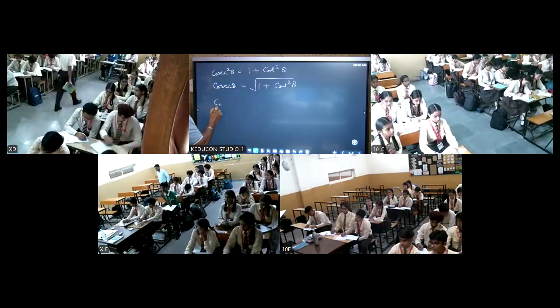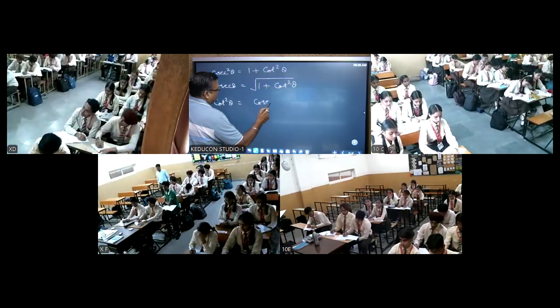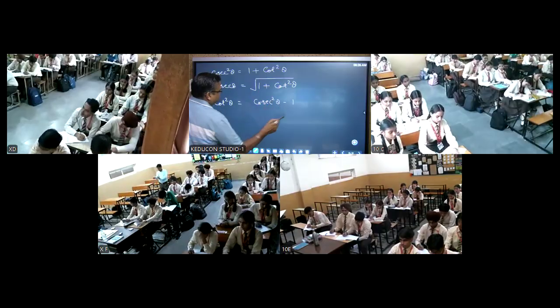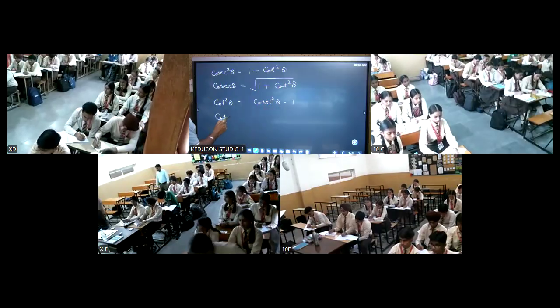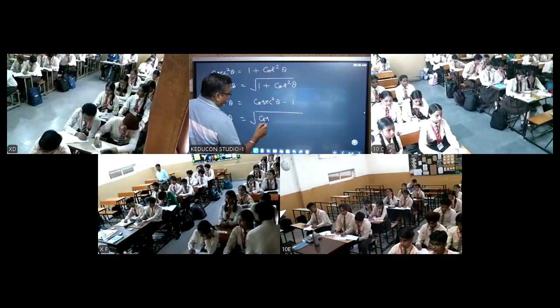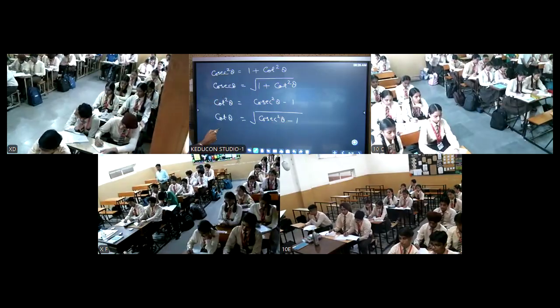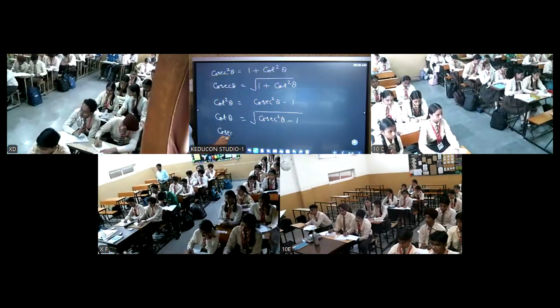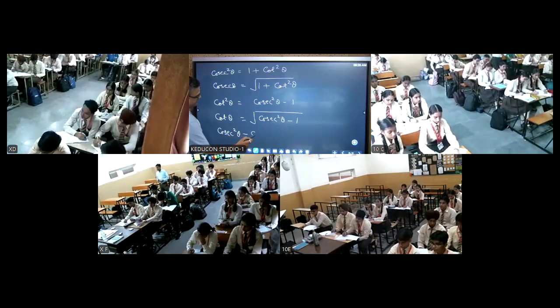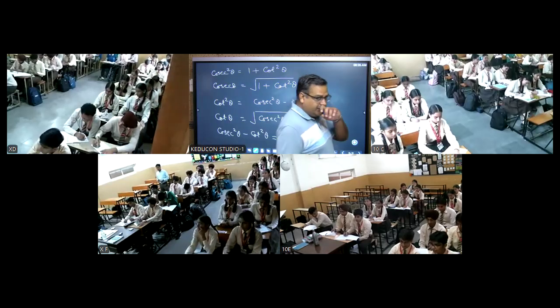Then cot square theta can be expressed as cosecant square theta minus 1. And cot theta can be expressed as square root of cosecant square theta minus 1. And last but not the least, cosecant square theta minus cot square theta is equal to 1. So these are the 5 different forms of this identity, right?